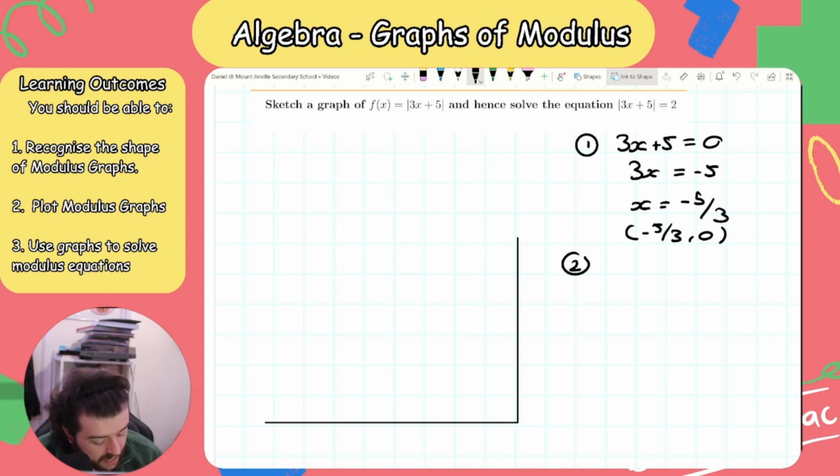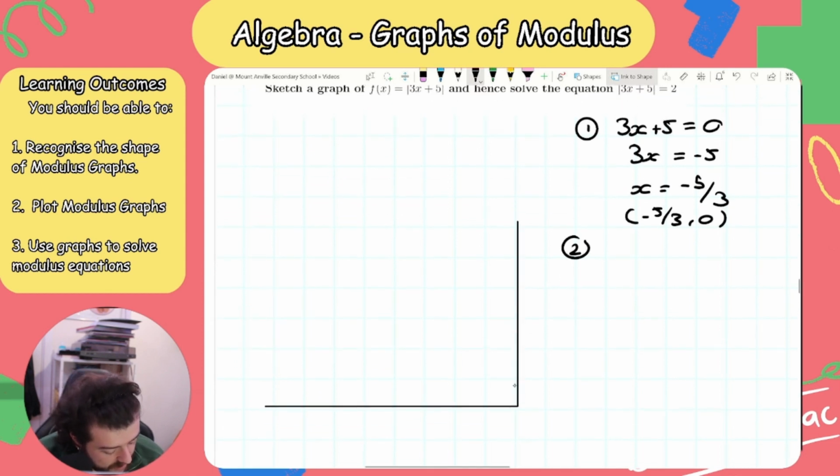Now I need to find a point to the left and right. Let me plot this out here. I'll go up in 1s: 1, 2, 3, 4, 5, 6.